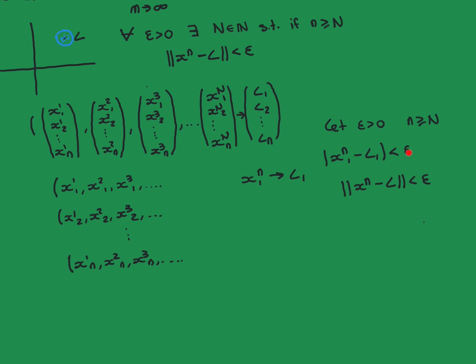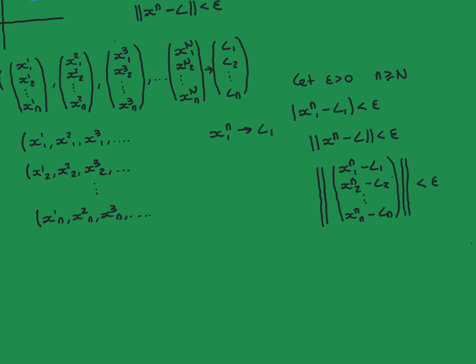What I know is that the distance between the whole vector xn and the whole limit vector L is less than epsilon. So I want to go from this to knowing this.